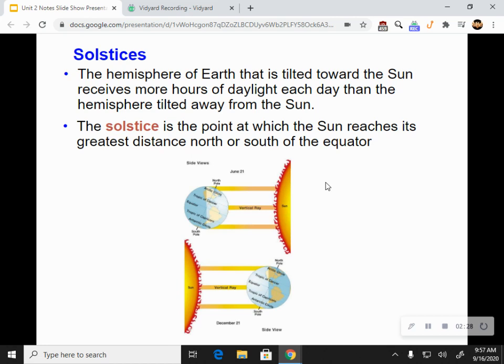The solstice is the point at which the sun reaches its greatest distance north or south of the equator. That means our summer solstice is the winter solstice for the southern hemisphere, and our winter is the summer for them as well.